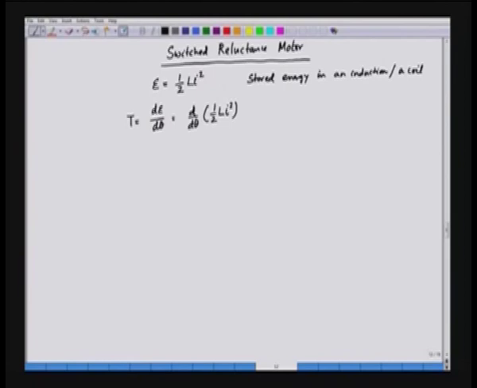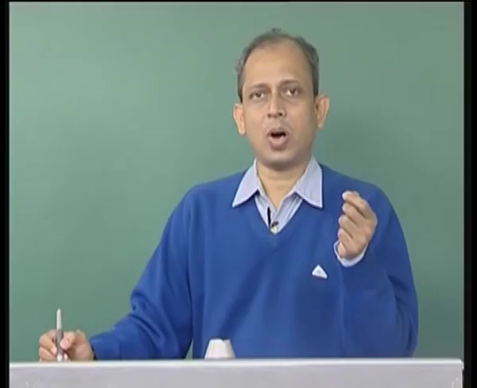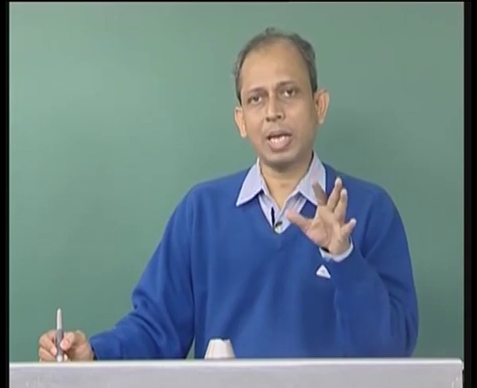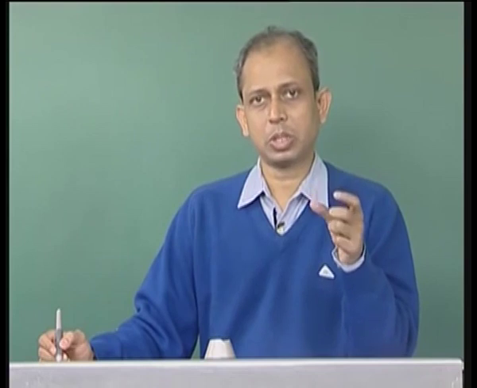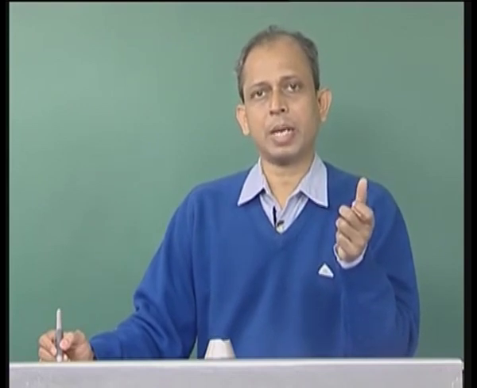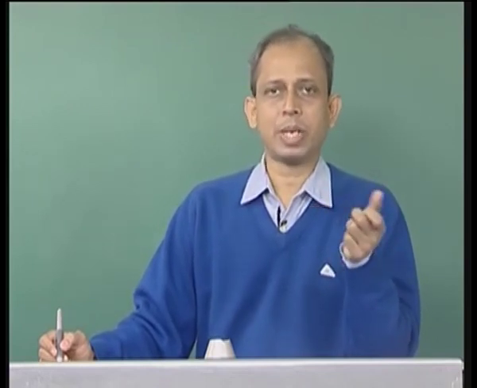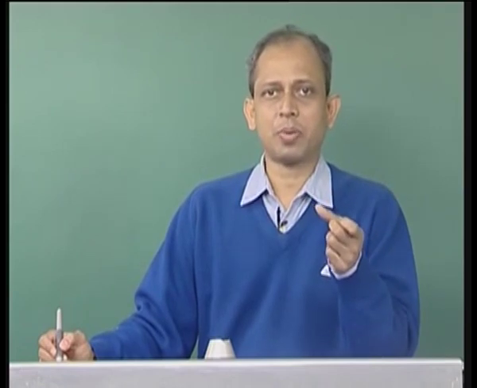Now, usually the current is an independent variable. It is injected by an inverter or a converter. So, I in this case is not dependent upon theta. Theta is the position of the rotor. So, I can be taken out of the derivative because it is not a function of theta.